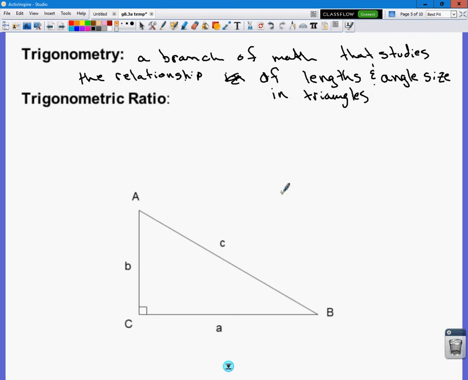It's a branch of math that studies specifically the relationship of the size of a side and the size of an angle.